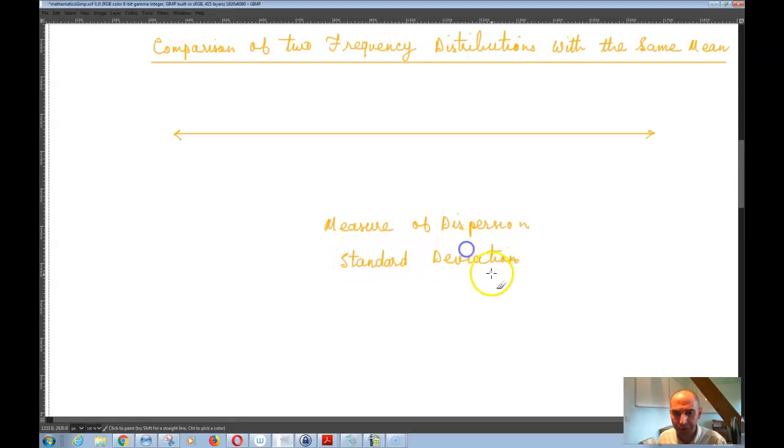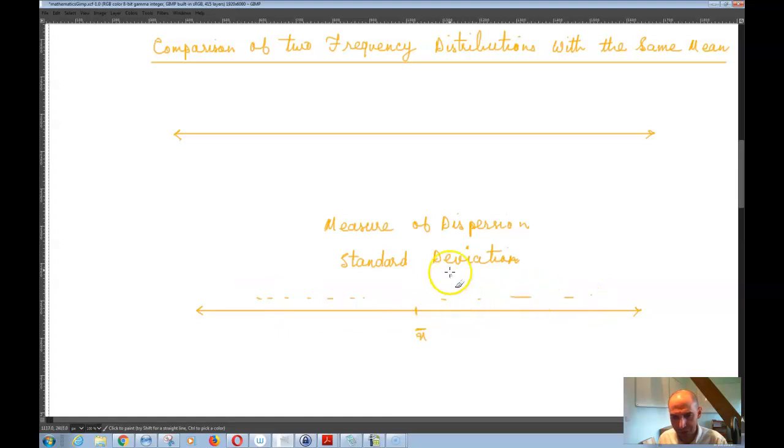Now, the standard deviation is nothing but how, if this is the mean of your data, actually this is the median. If this is the mean of your data, or x bar, the standard deviation is a way of showing you how all of these observations are scattered around your mean.